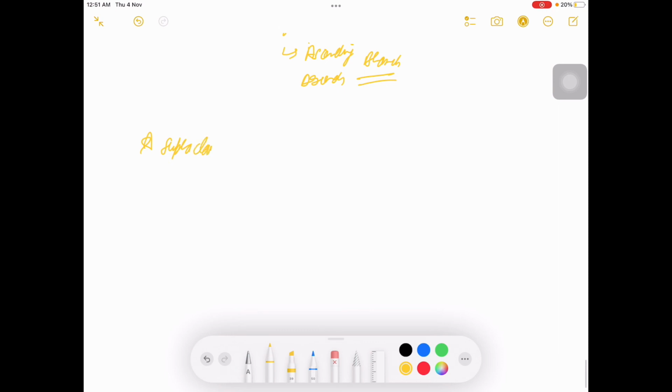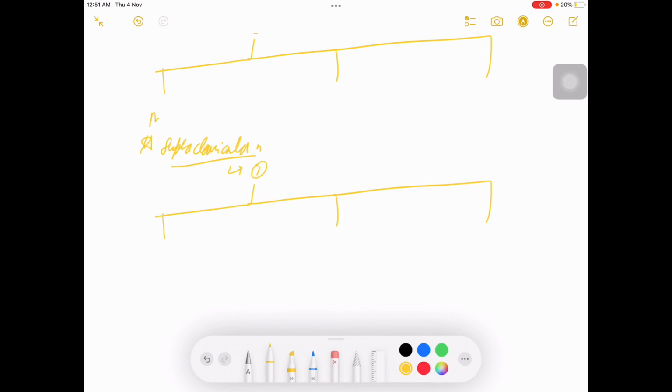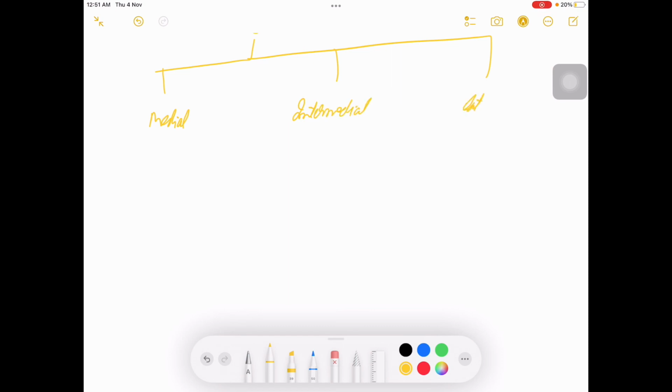Next one, the supraclavicular nerve. It is basically one trunk that divides into three: medial, intermediate and lateral.